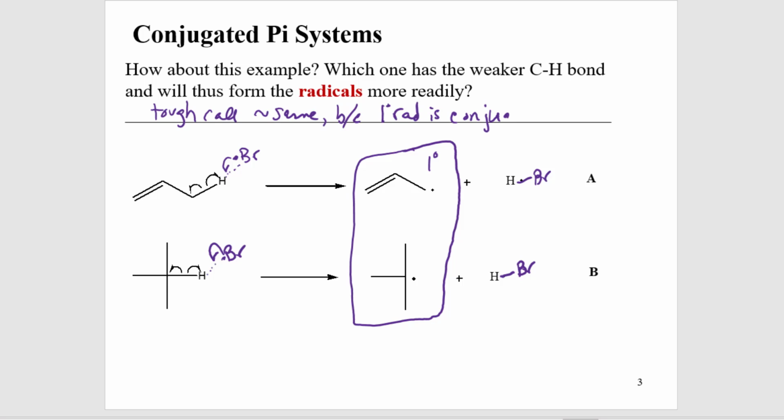It has resonance, while the bottom is stabilized by induction, it's tertiary. So here you can see that although they are very different, and you'd probably think, oh, tertiary, you can't discount the fact that the primary one has resonance stability and is conjugated with the pi system next door. So this is a tough call.